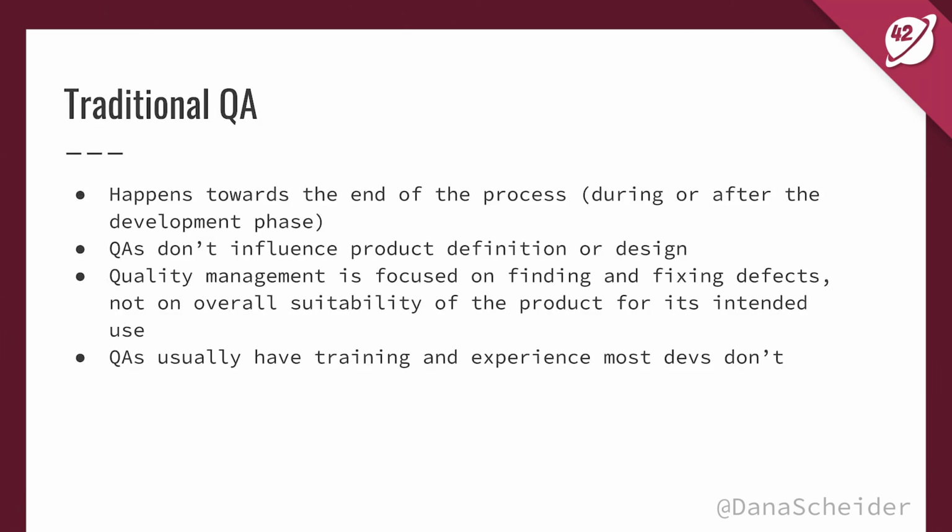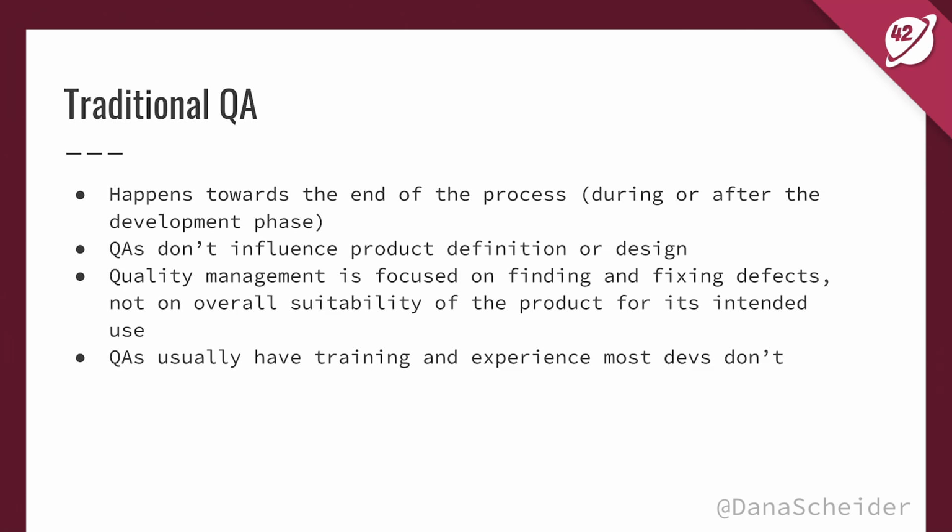Traditionally, when we're doing QA in software, we do it toward the end of the process. QA is a separate process that happens during or after the development phase. Quality analysts, or QAs, don't influence product definition or design, so they strictly get involved later in the process, make sure that nothing has bugs, make sure that edge cases have been accounted for.